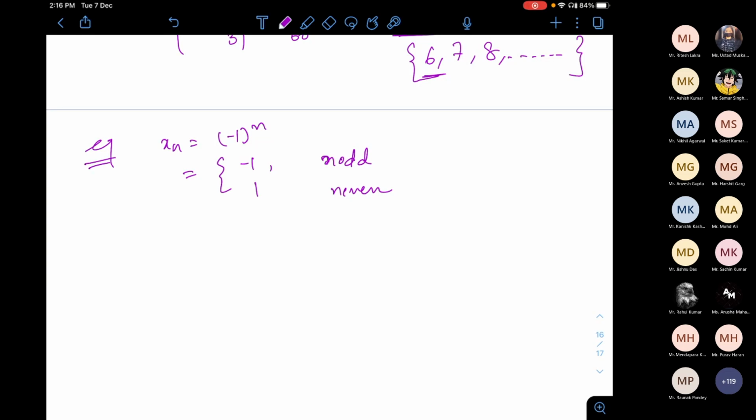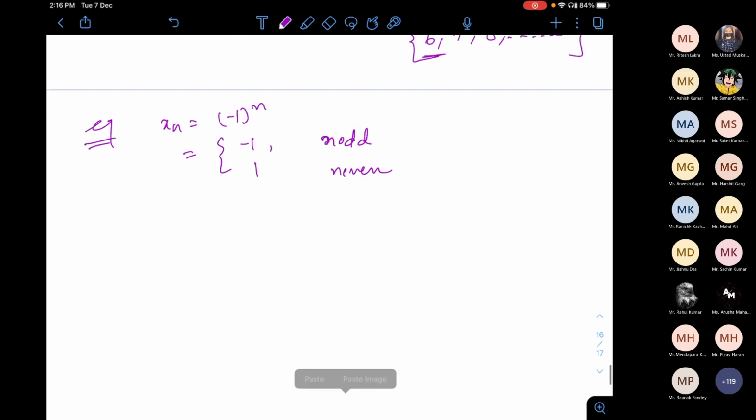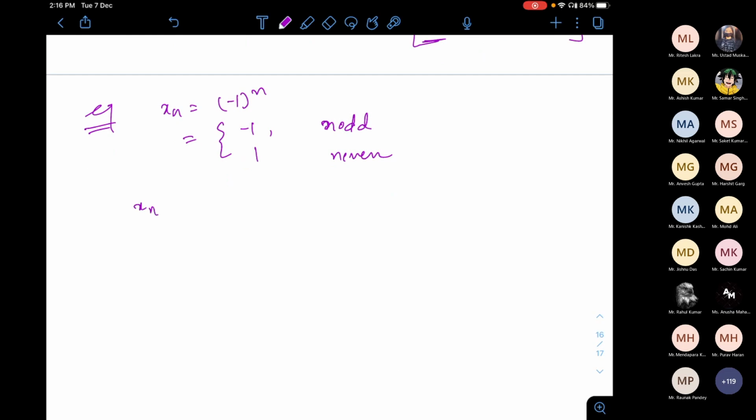Is that correct now? Yes, ma'am. People say that it converges to two values. So two means it is taking only two values. So it's not converging at all. I will write: it does not converge.